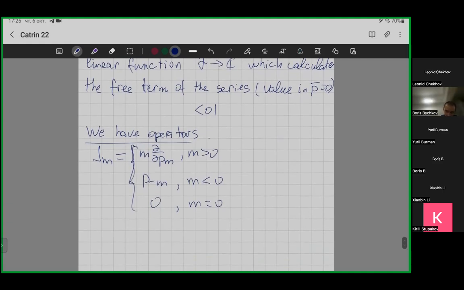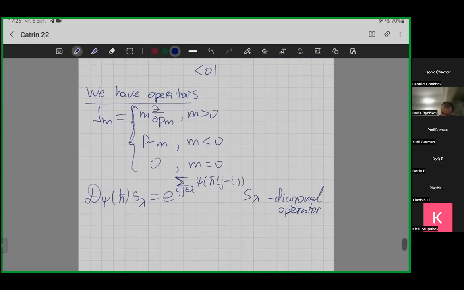And also a diagonal operator in the Schur functions basis, d psi of h, which I denote in this Schur function basis, so that it has these eigenvalues: the sum over boxes (i, j) from lambda of psi of h (j minus i), acting on s lambda. It's a diagonal operator.